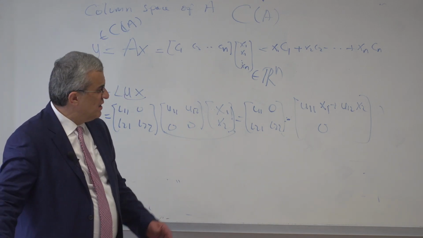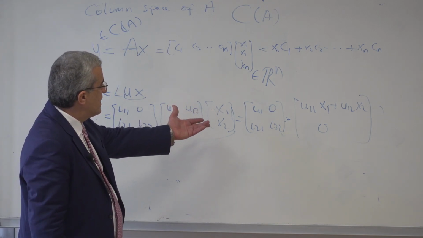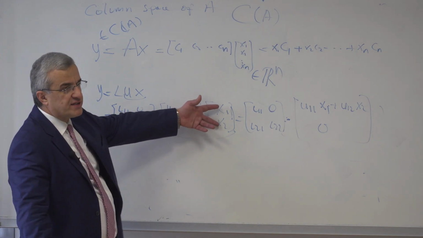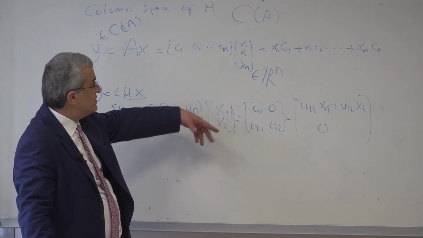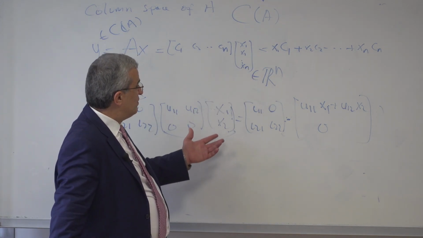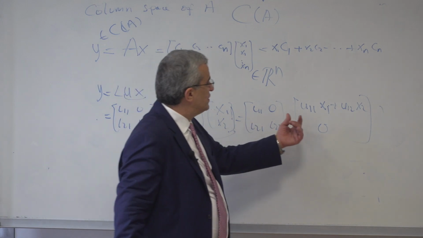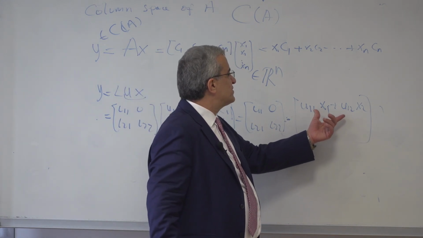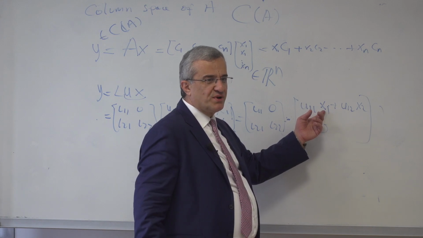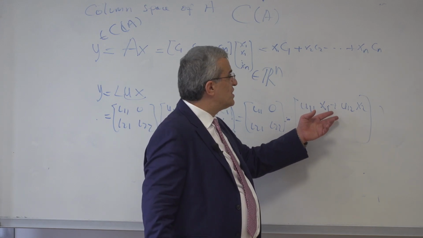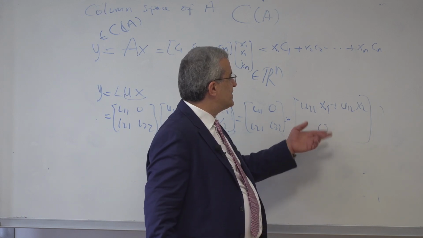Basically, what's going on here is this. You start with any n-dimensional x in Rn, right? What this is telling you is that what matters there is the first R components of it. So you can pick x2 freely.